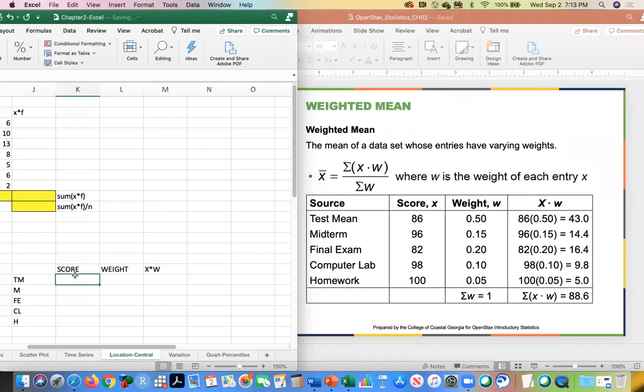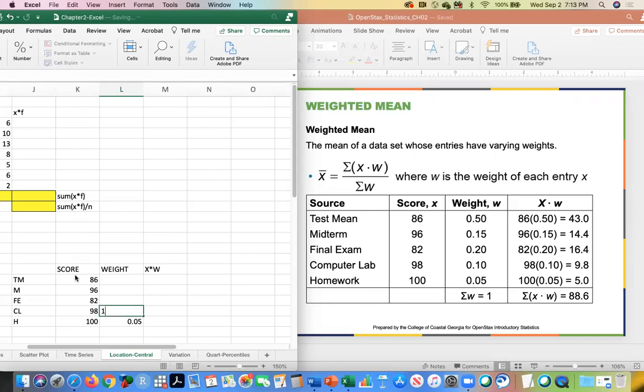So the scores are going to be 86, 96, 82, 98, and 100. It's very common that sometimes students tell me, Professor, I got 100 on my homework. Yeah, but the weight that we give to this was only 5%.